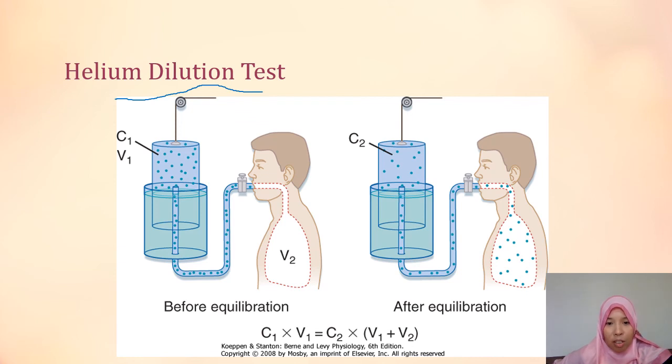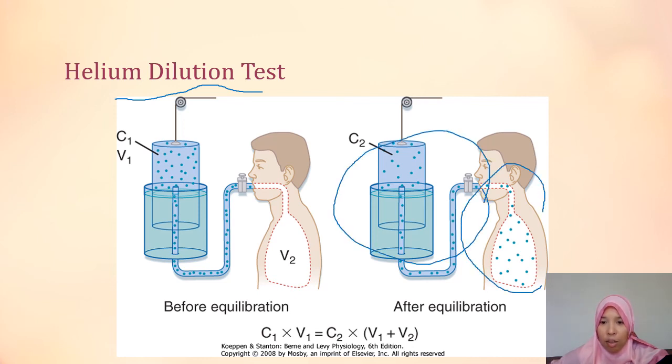By using this formula down here, it's concentration and volume. The theory is that the concentration times volume is equivalent to the concentration times volume after it. You know that after the test, the volume increases because it's the volume inside the lung plus this volume, right?